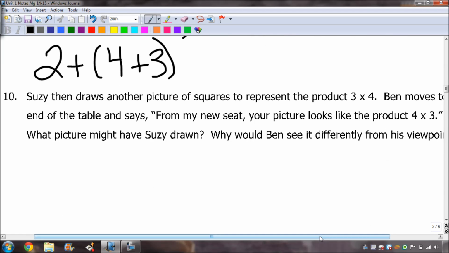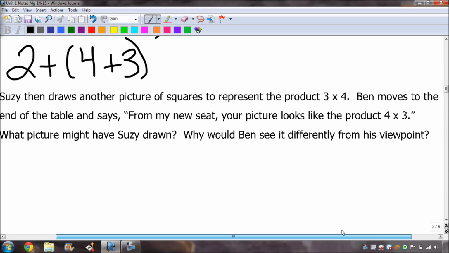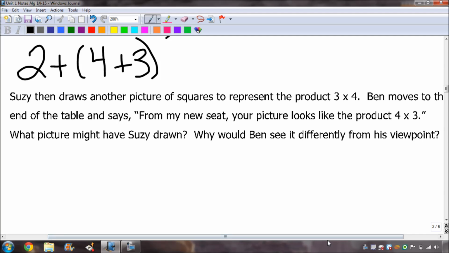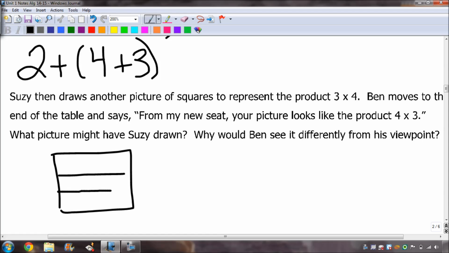Now, in number 10, Susie then draws another picture of squares to represent 3 times 4. Ben moves to the end of the table and says, from my new seat, your picture looks like the product 4 times 3. What picture might Susie have drawn, and why would Ben see it differently from his viewpoint? So Susie could have drawn, just like we talked about earlier, 3 by 4, she could have drawn it like this. Right?